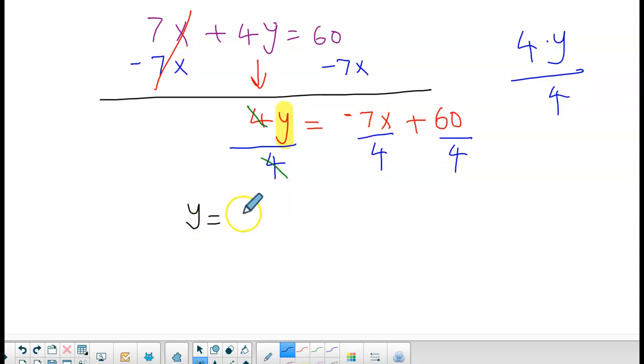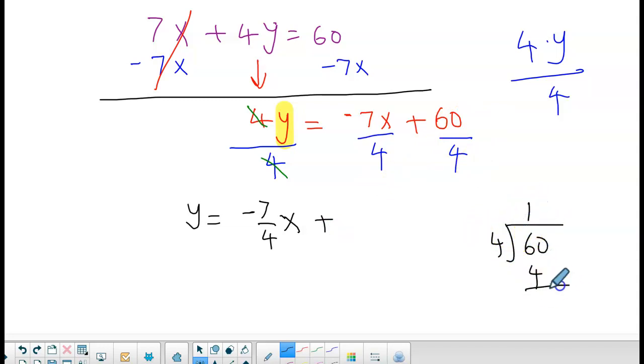y is equal to negative 7 over 4 times x plus, what is 60 divided by 4? 4 times 1 is 4, 4 times 5 is 20, the remainder is 0. So 60 divided by 4 is 15, right?